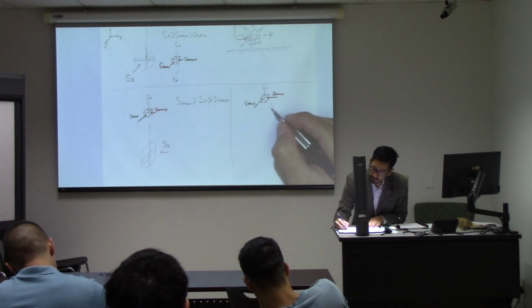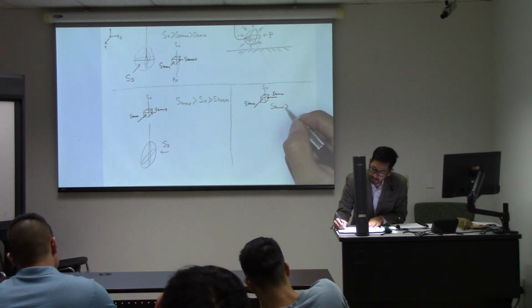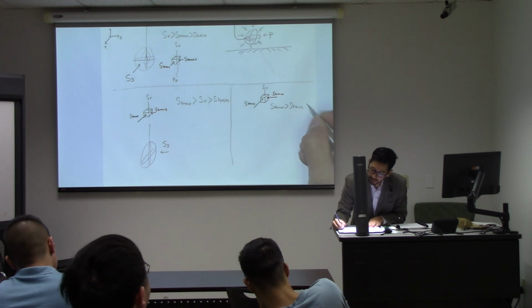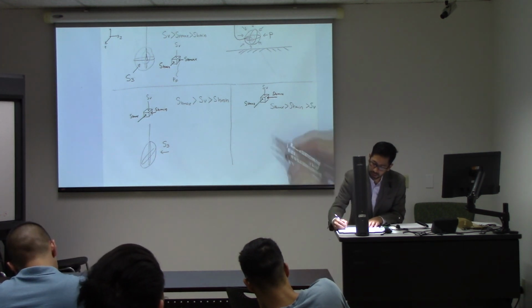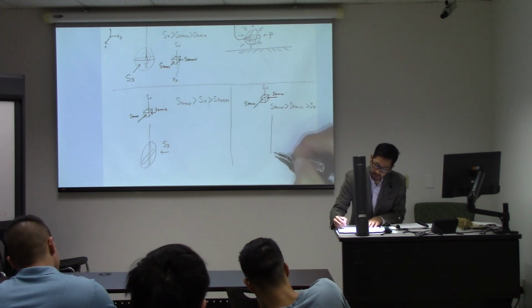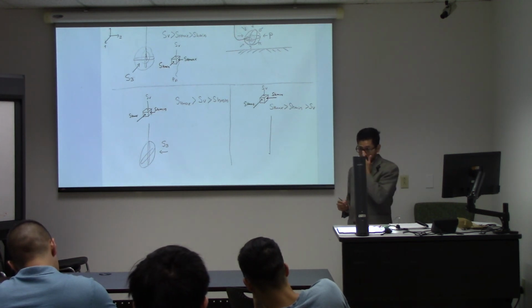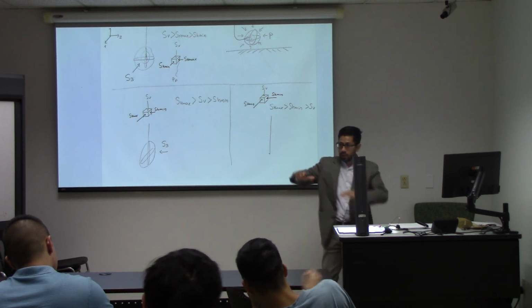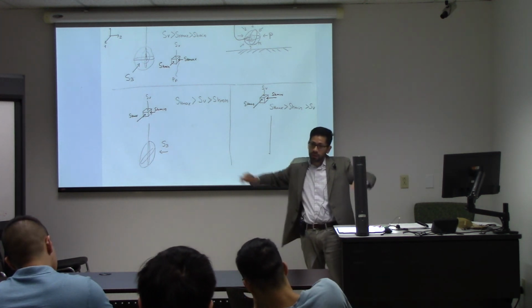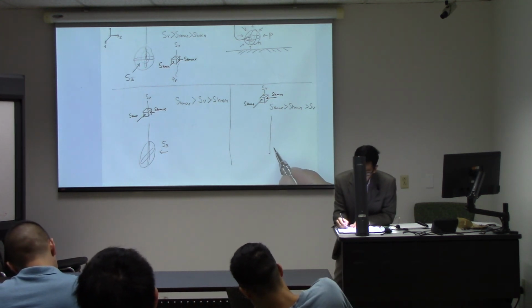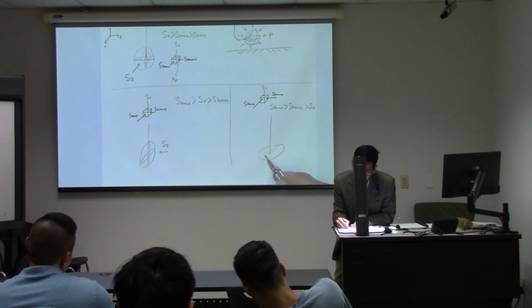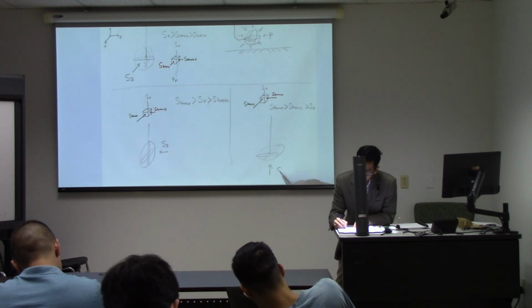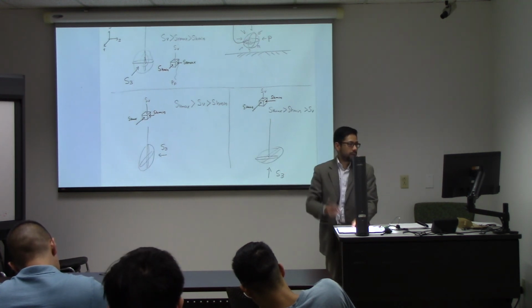So in this case now, SH max is the largest stress, SH min is intermediate, and SV is the smallest. What's going to be the orientation of that hydraulic fracture? It's going to be a plane, horizontal, right? And it's going to open like this, perpendicular to S3.